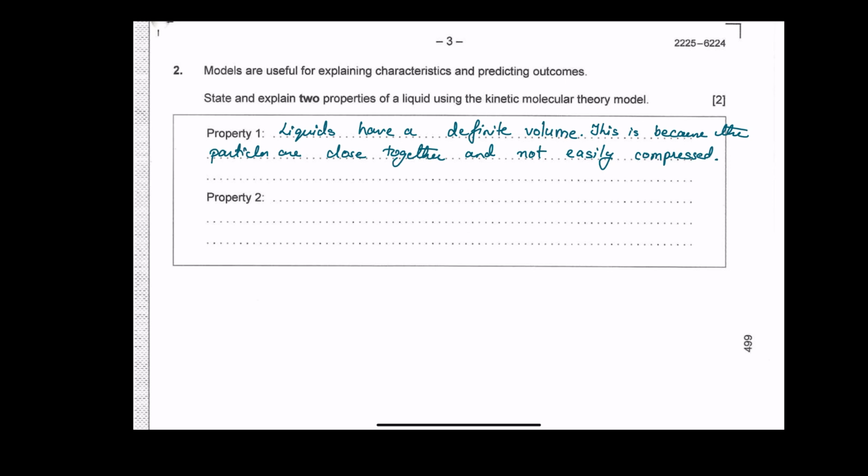The other property is liquids can flow. Why can liquids flow? Because the particles can move past each other freely.